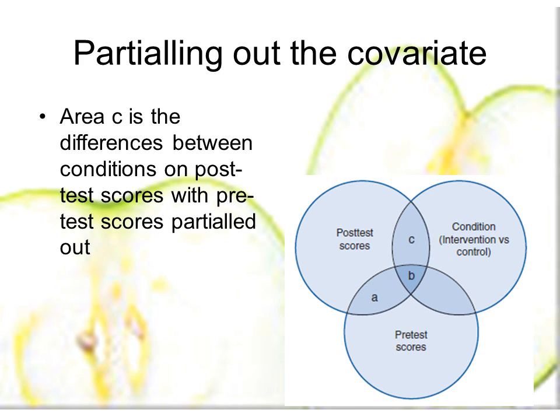And then we look at post-test scores. And so area C is the difference between the conditions on post-test with pre-test scores being partialed out. So it's a very small area, but that's the difference that would be seen between what the knowledge is of that individual before the intervention and after the intervention.